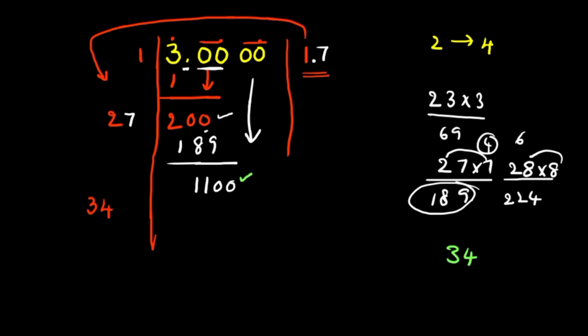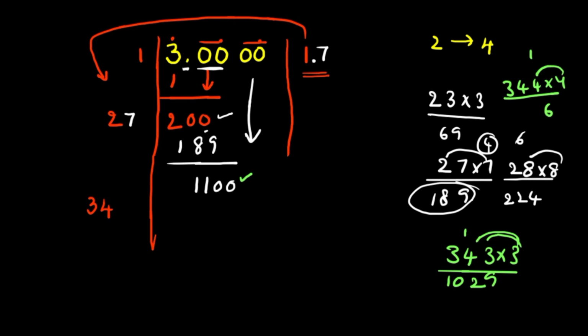Now I am going to take 3 into 3. So 3 3s are 9, 3 4s are 12, plus 9 is 10, 1029. Now if I take 34 and put a 4 after it and multiply by 4, 4 4s are 16, 4 4s are 16 plus 1 is 17, 4 3s are 12 plus 1 is 13, which is more than this 1100.